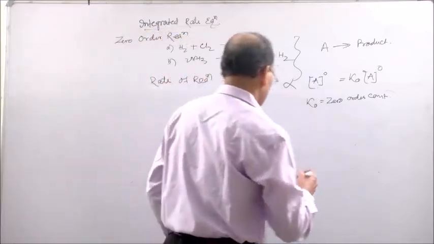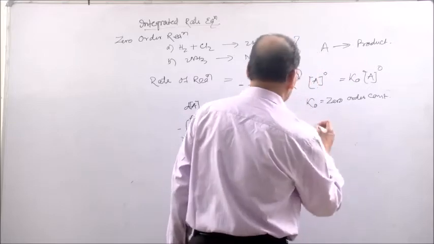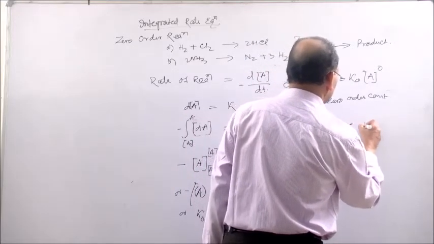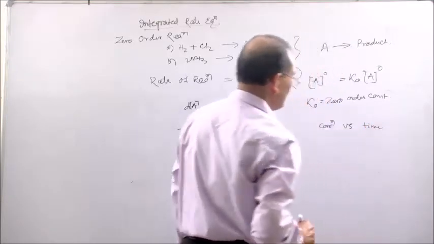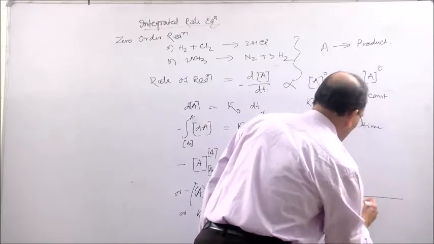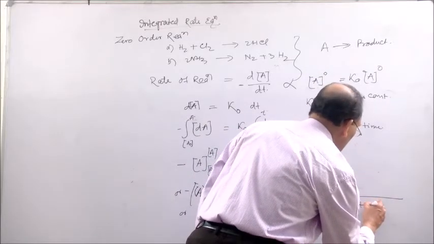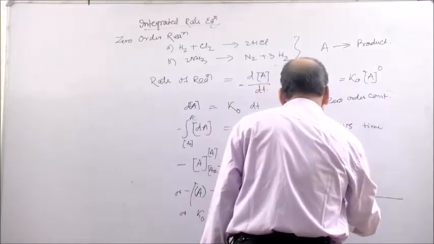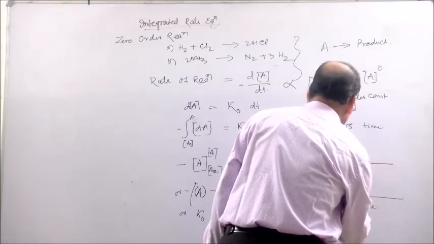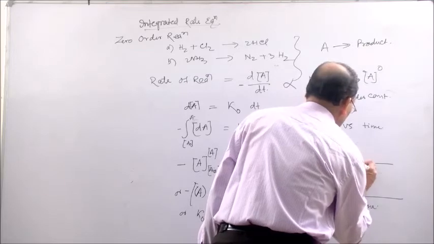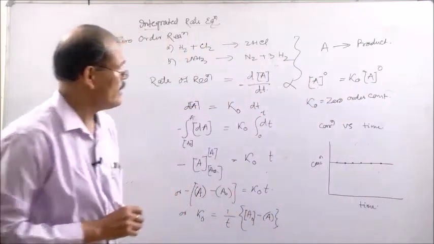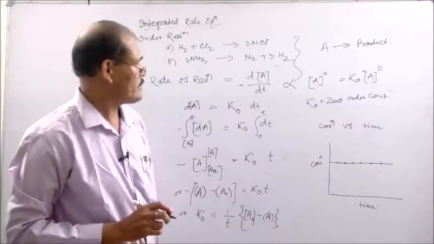If we take the plot of concentration versus time, it gives a straight line. That means it does not depend upon the concentration, it is a straight line parallel to the x axis.